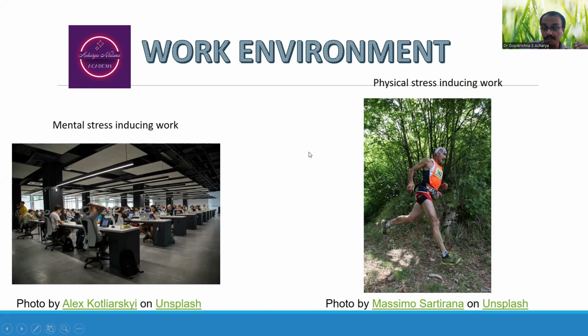Whereas, look at this particular image, he is doing a physical activity. That may lead to physically induced stress, as the person may have calf muscle cramps or an increased pulse rate, whereby the person may have mobilization of fat, adipose tissue, into the circulating tissue.